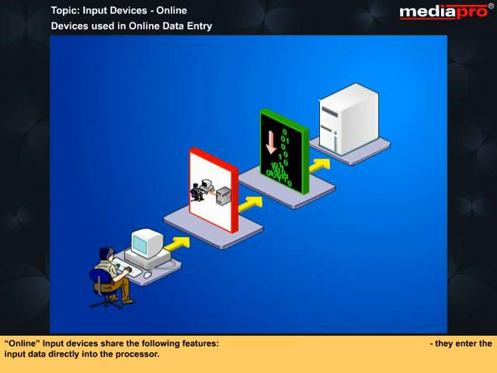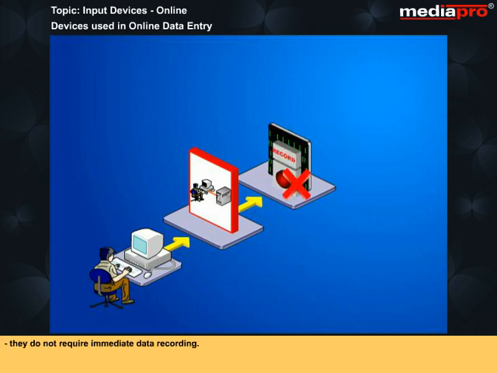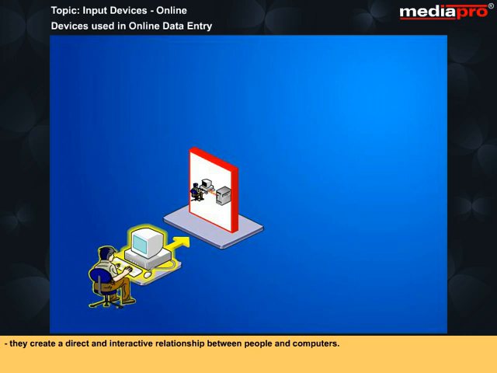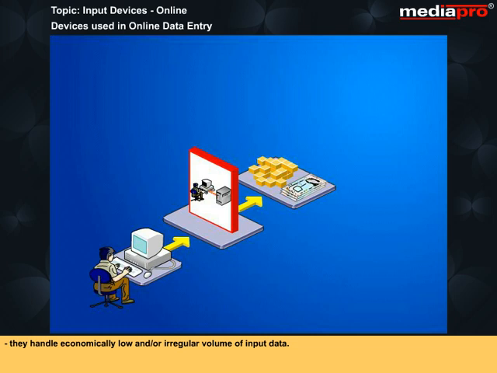Online input devices share the following features. They enter the input data directly into the processor. They do not require immediate data recording. They may be located at or near the data source, which may be far away from the processor. They create a direct and interactive relationship between people and computers. They handle economically low and or irregular volume of input data.